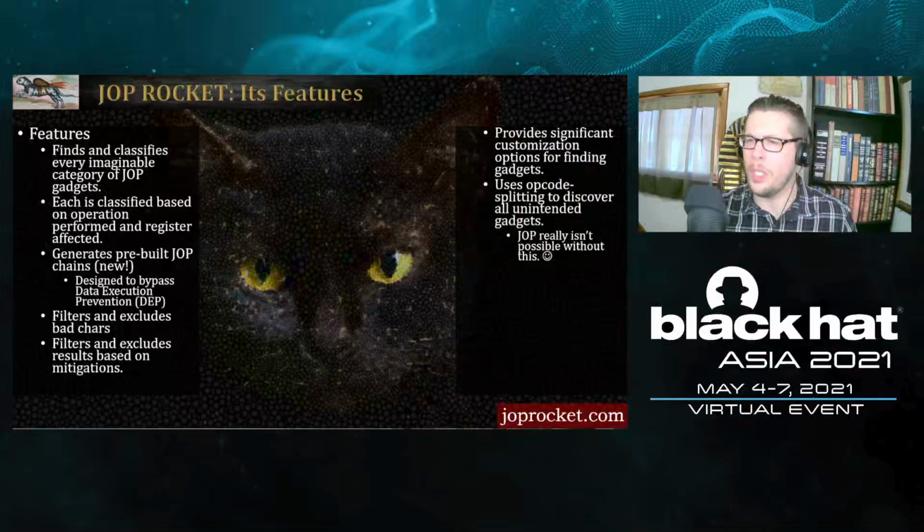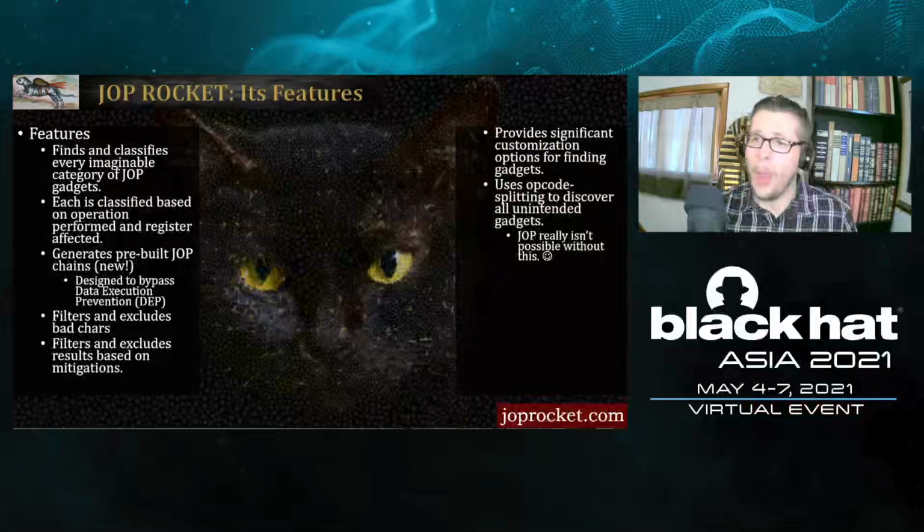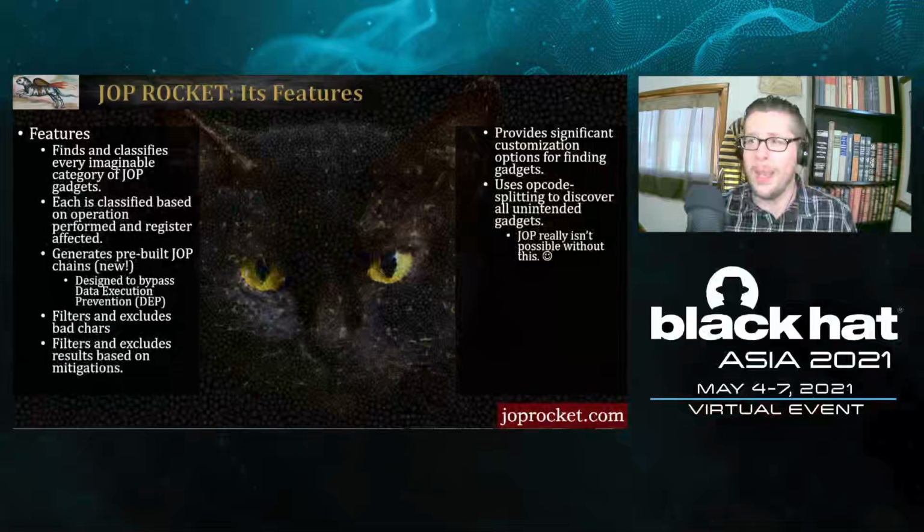So you can reduce or enlarge the scope. And like any ROP tool that I can imagine, it also uses opcode splitting, which enables us to find the unintended instructions that are viable. That is one of the great features of x86 Intel architecture.